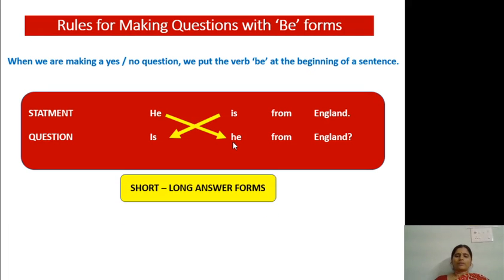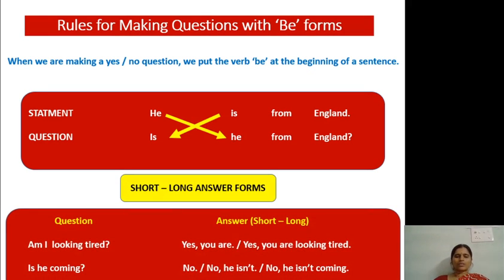Now, when someone asks you such a question, how to respond in speaking? There are two ways to respond: we can respond in a short way or in a long way. That means we can make a short answer or a long answer.